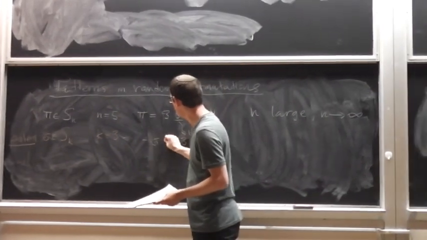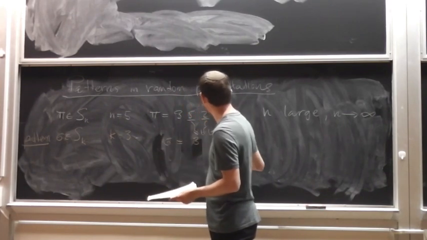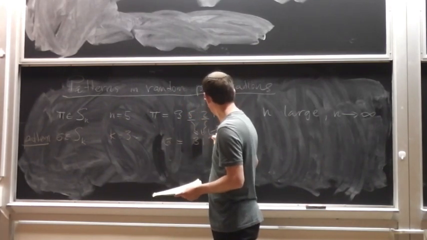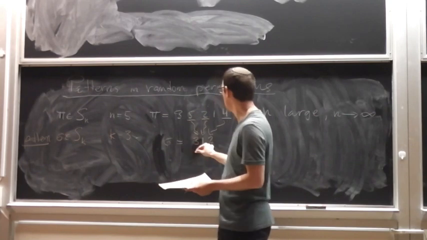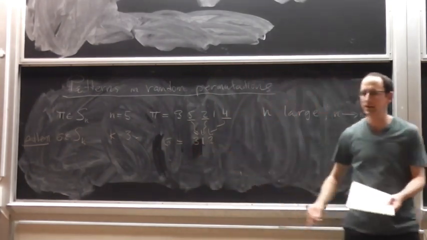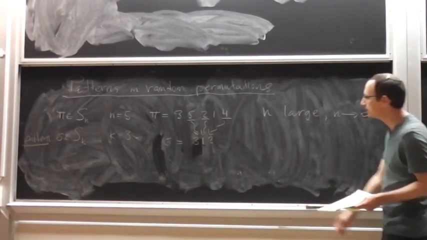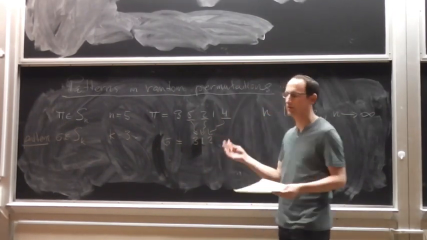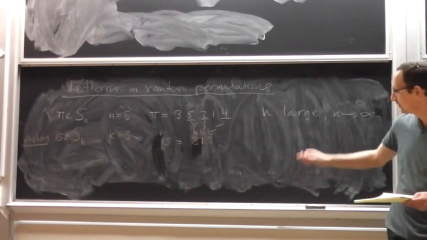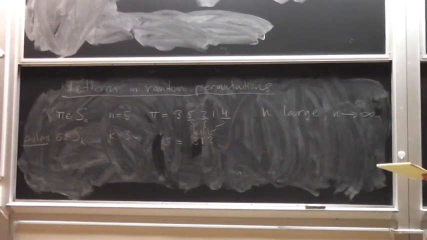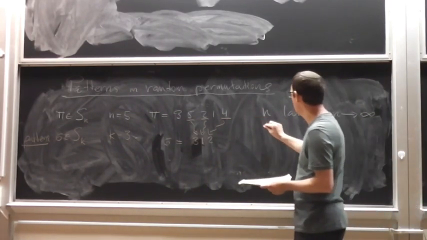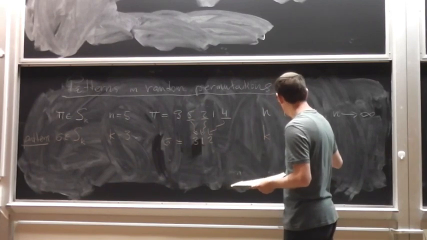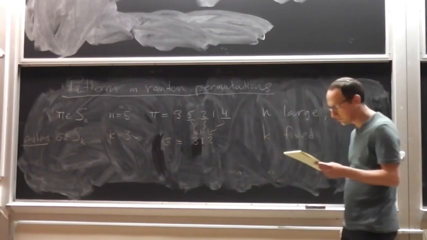So sigma in this case will be 3, 1, 2. This is the only permutation in S_k that preserves the ordering: the largest goes to the largest, the second largest to the second largest, and so on, and they are listed according to the ordering in which they occur. Today we'll think about k that is fixed.